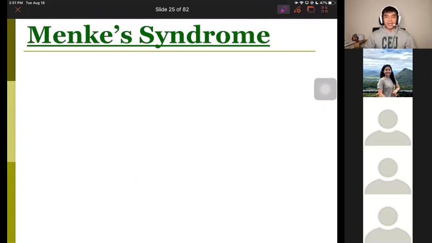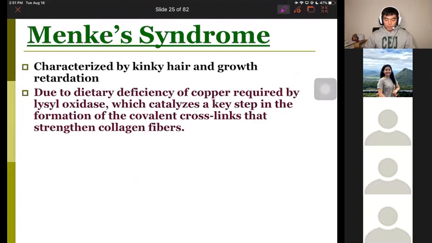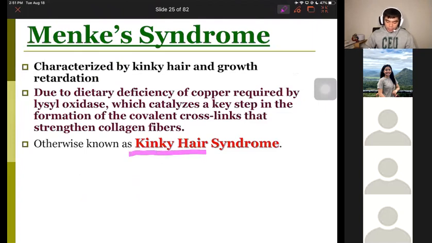Moving on, we have Menkes syndrome. Regarding Menkes syndrome, this is also known as kinky hair syndrome. At ang problem naman dito ay yung lysyl oxidase enzyme, okay? Lysyl oxidase. Why? Because in Menkes syndrome, the one that decreases, the one that depletes is copper. Okay, copper. Question, important ba ang copper for lysyl oxidase activity?